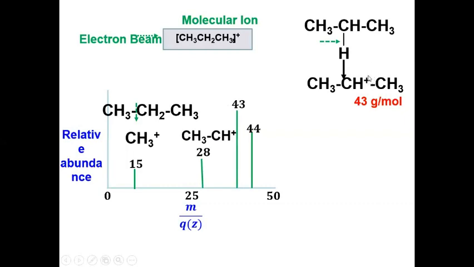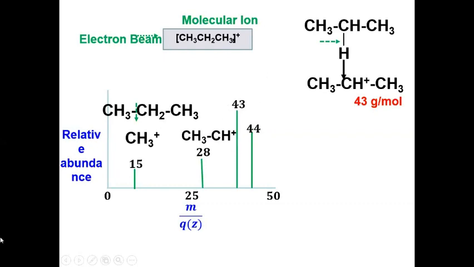There is another possibility of fragmentation of propane, and we will get a peak at 28. So these peaks at 15, 28, 43 are called fragmented peaks of a molecule in mass spectrometry.